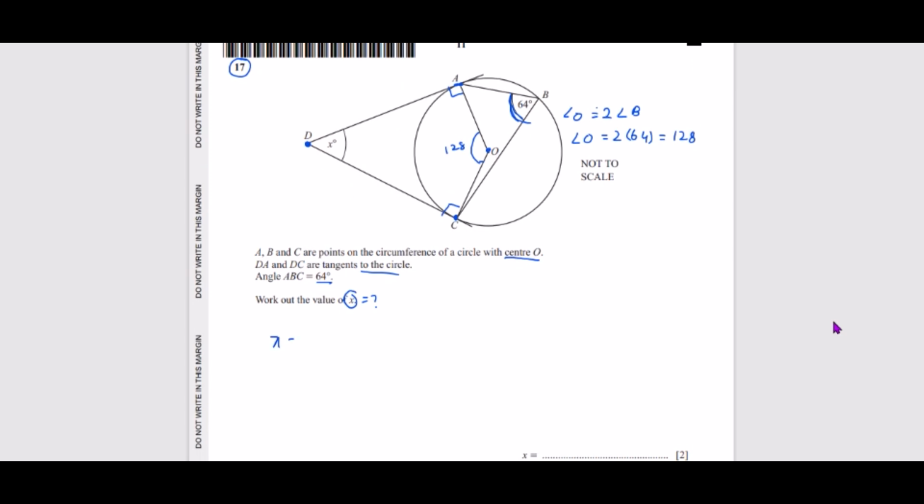So x is equal to 360 minus angle A, minus angle O, minus angle C. Angle A is equal to 90 degrees, minus angle O is equal to 128, minus angle C is 90. So x is equal to, calculate these values, we get 52. So the final answer is 52.